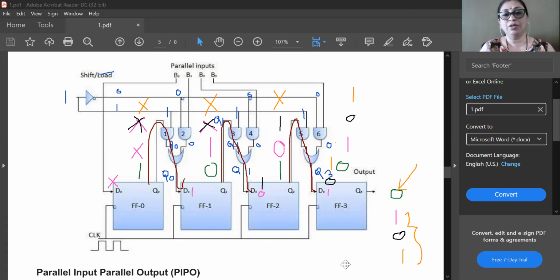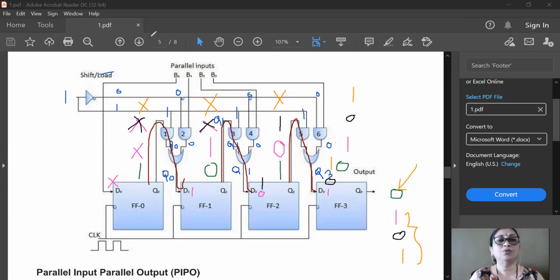Okay, so now I am going to share the whiteboard with you. And let us draw a truth table of this shift register.